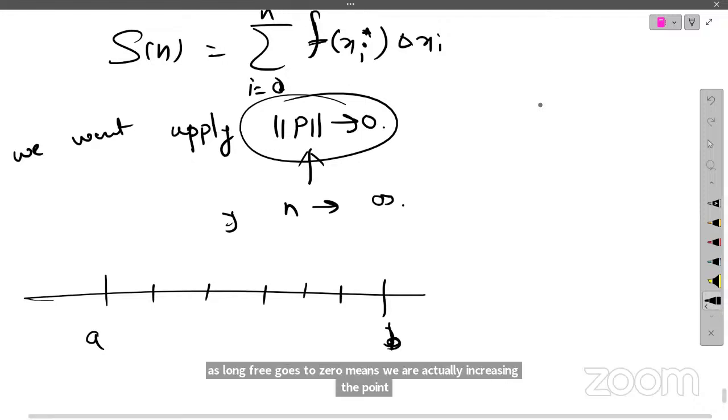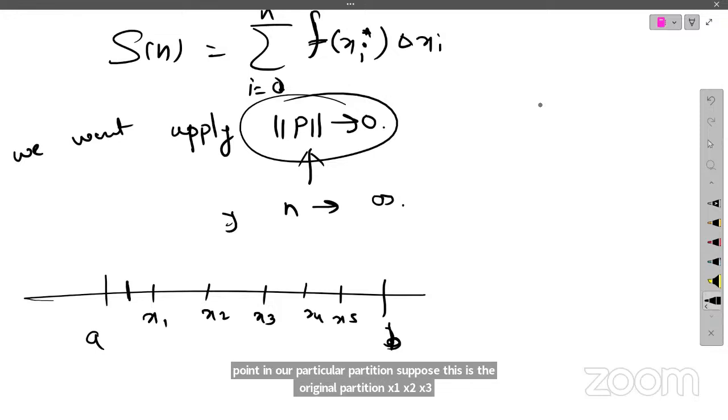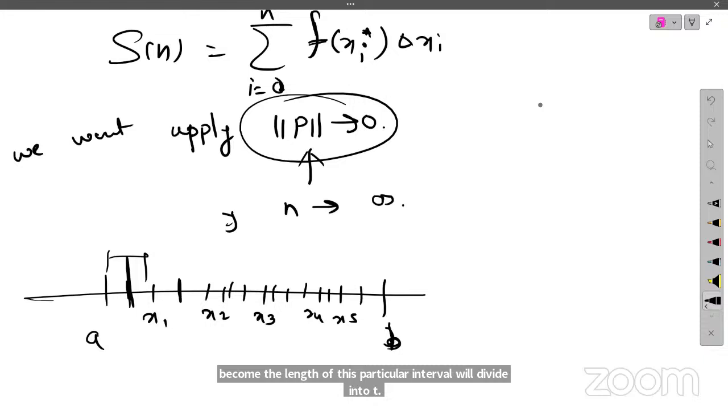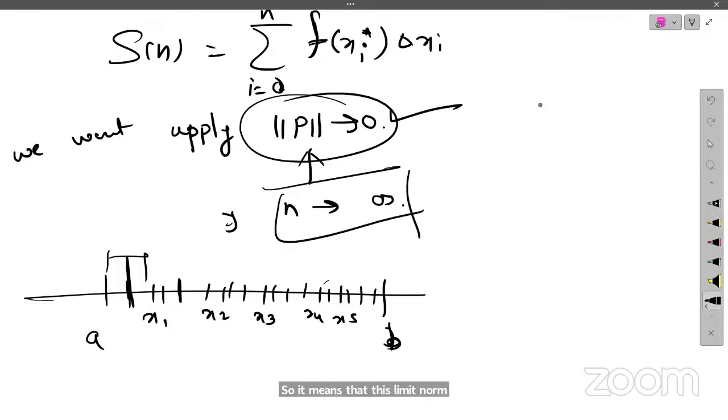Suppose this is the original partition x1, x2, x3, x4, x5. If I introduce one more point here, the length of this particular interval will divide into 2. By introducing many more points, we can consider this limit, norm p goes to 0, which is the same as n goes to infinity.